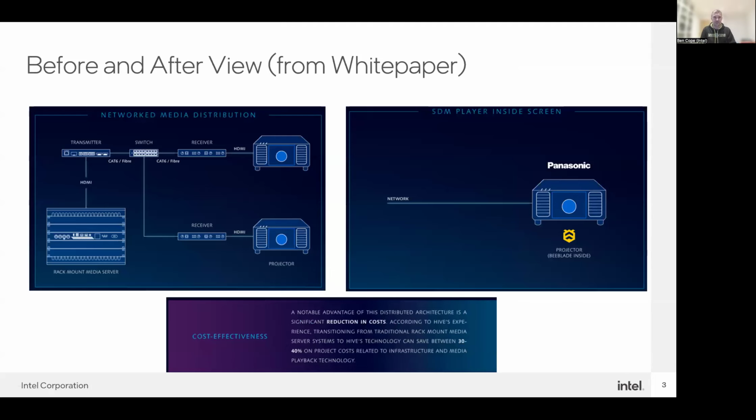So traditionally in these installations, you would have a rack of server equipment with many high-end graphics cards, which would generate all that content and output it where it is very highly synchronized at source. And we'll talk a bit about how graphics cards traditionally do that later.